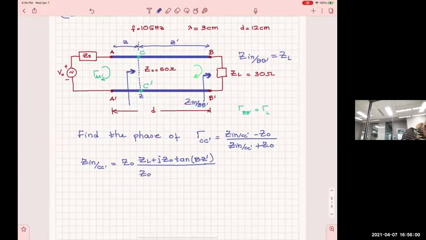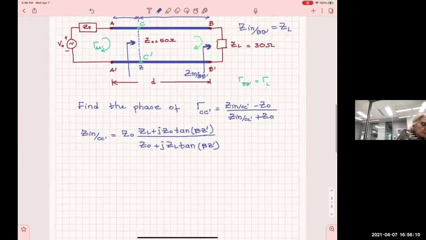Now there is a formula also in the book, which I can derive, and I will derive it for you. Let me tell you in what page. It's chapter 11.